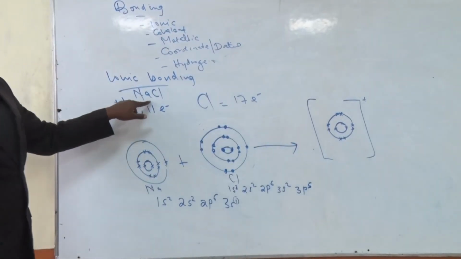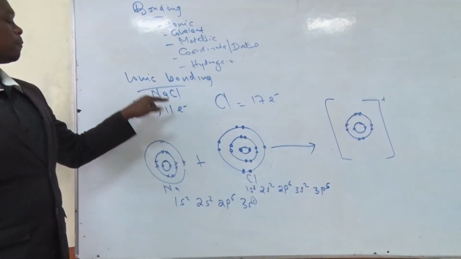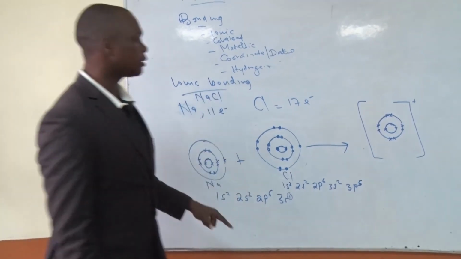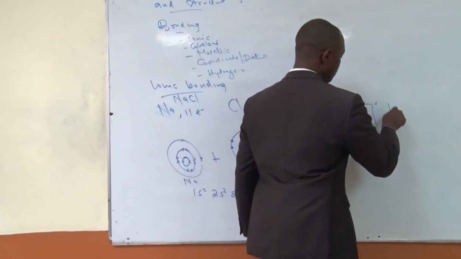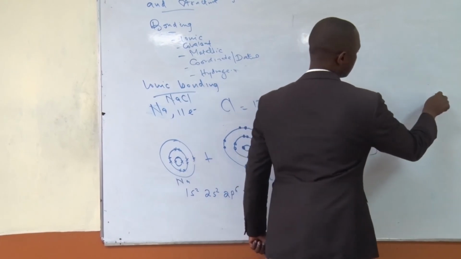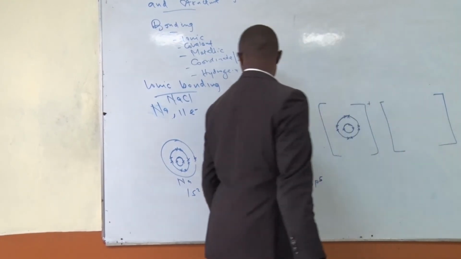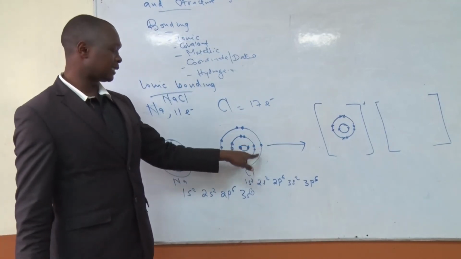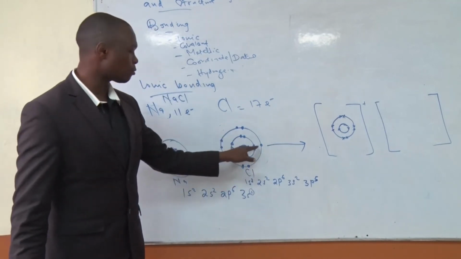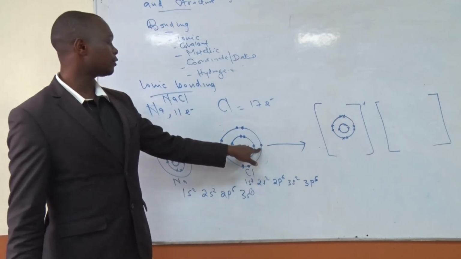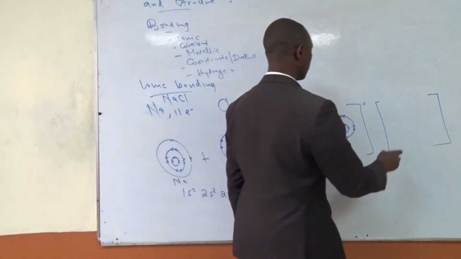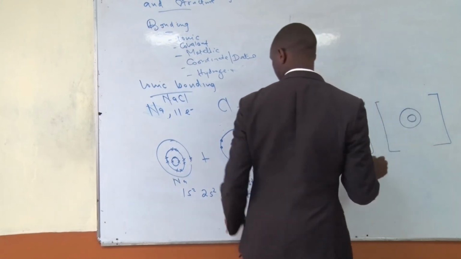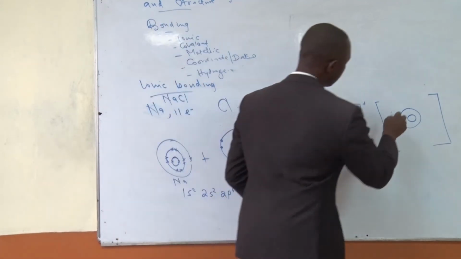Now we know the formula for sodium chloride. It is 1, 1. So you can draw the other one. Now our chlorine has gained an extra electron, so it is still going to maintain its outermost orbital or energy level. So we draw it. The first orbital, the second, the third, and then the last one.